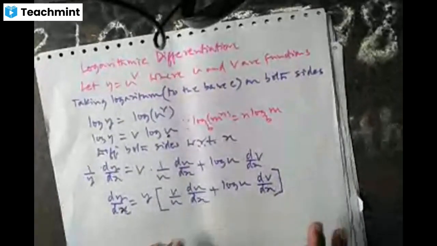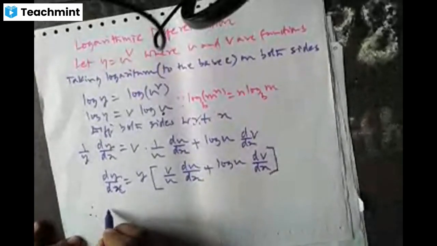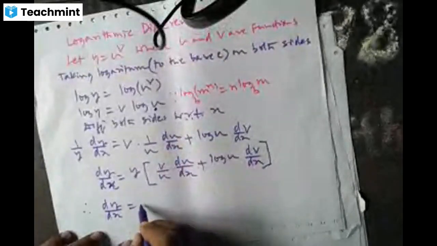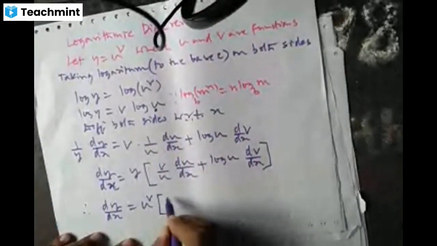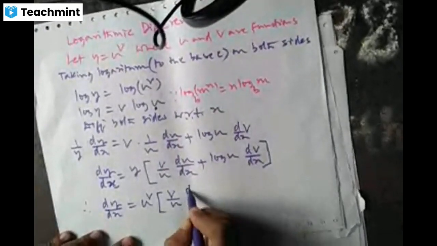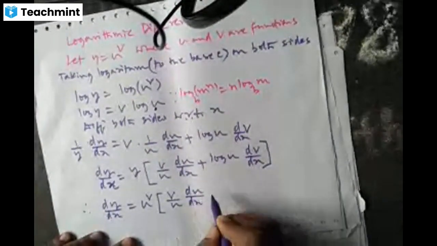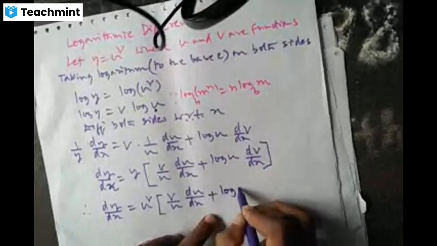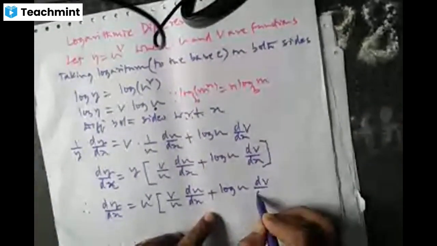Just one more step. Therefore, the derivative of the given function, d by dx of y is equal to, what is y? y is u per v. So dy by dx is equal to u per v into v by u into du by dx plus log u into dv by dx.